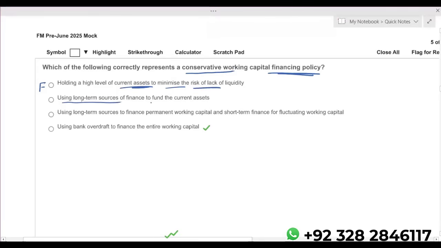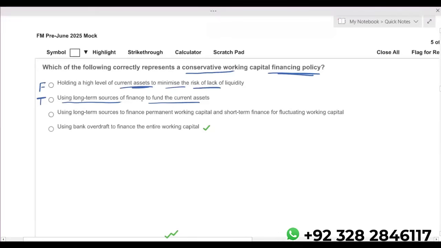Using long-term sources of finance to fund current assets. That is true. Basically, conservative working capital financing policy means my focus will be on long-term sources of finance to finance my working capital needs.